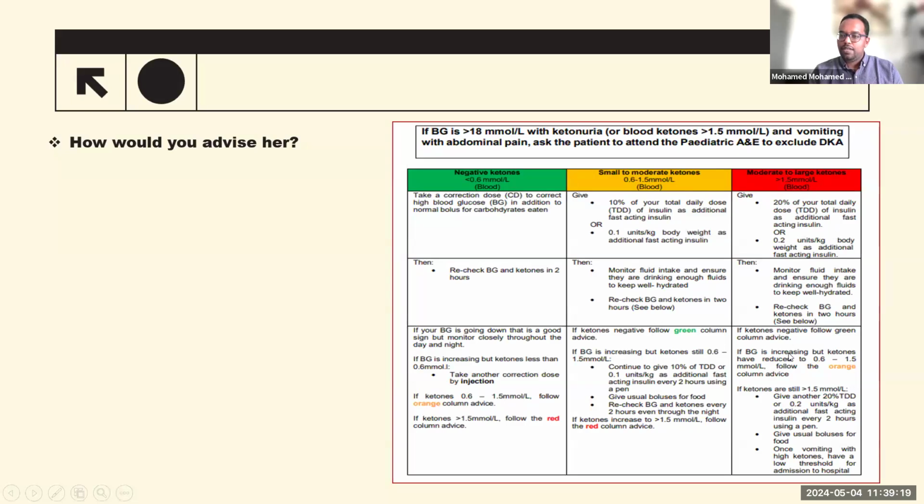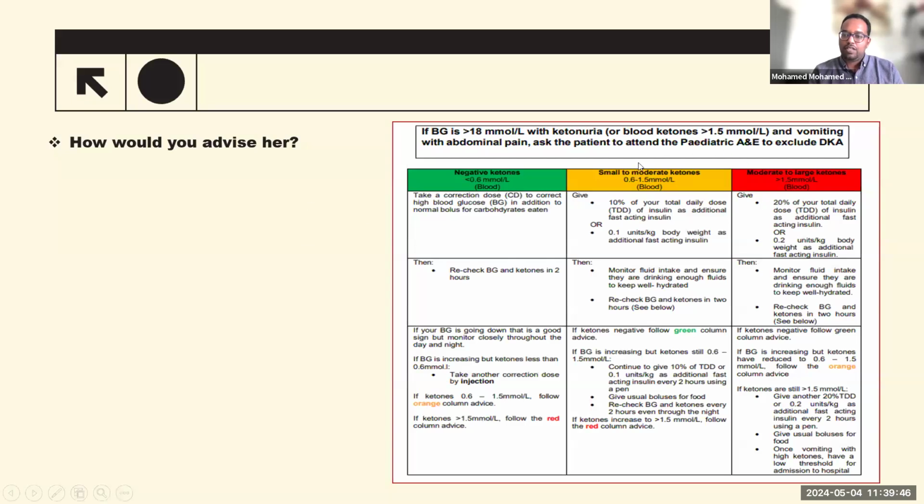If they fall into the next category, they are at high risk of having DKA. So you give them double that, 20% of the total daily dose, or 0.2 units per kilogram, and repeat in 2 hours. But the idea is never stop giving insulin for their meals. That's the key message.